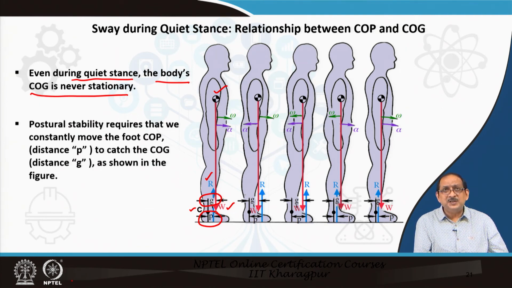The postural stability actually requires that we constantly move the foot COP through the distance P to catch the COG acting through the distance G, as shown in the figure.